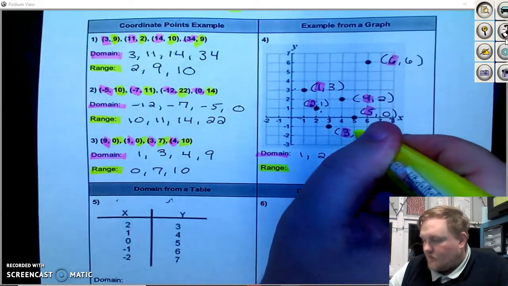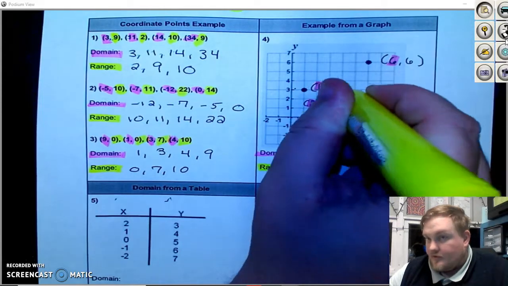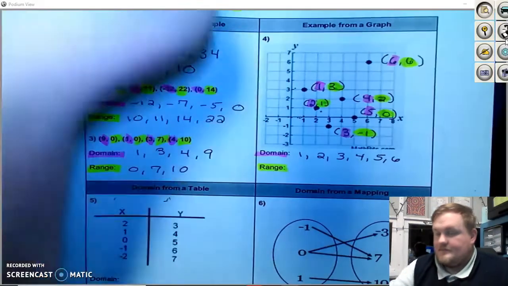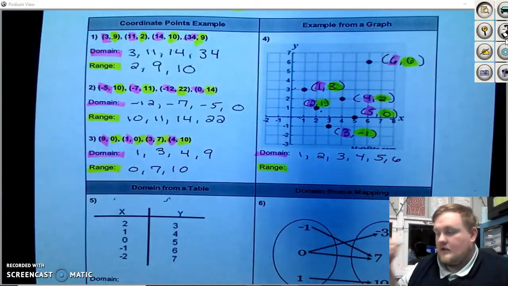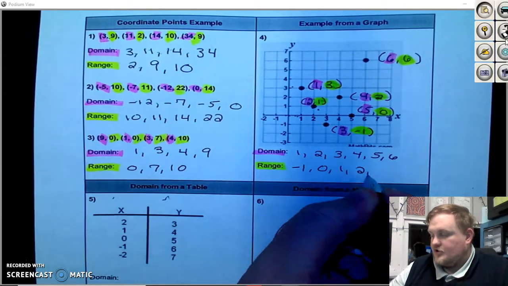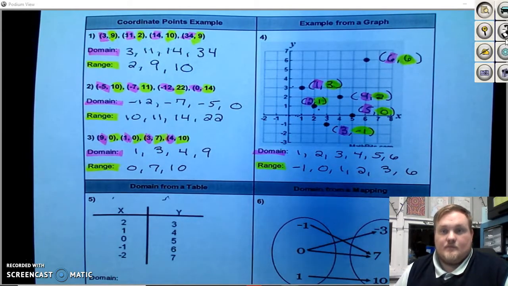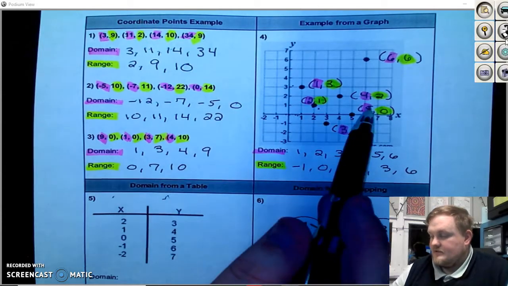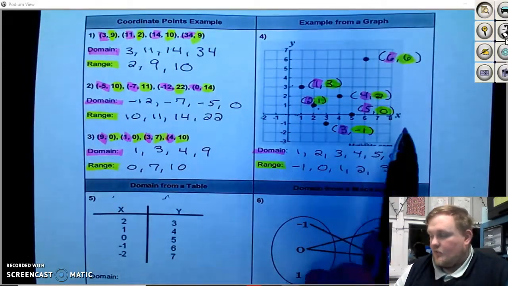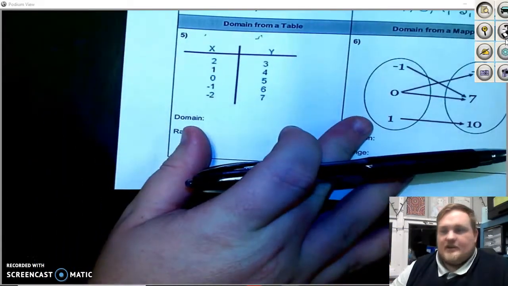So that's going to be negative 1, 0, 1, 2, 3, and 6. So again, the domain's all the x coordinates, and the range is all the y coordinates. Then sometimes you're given a table.